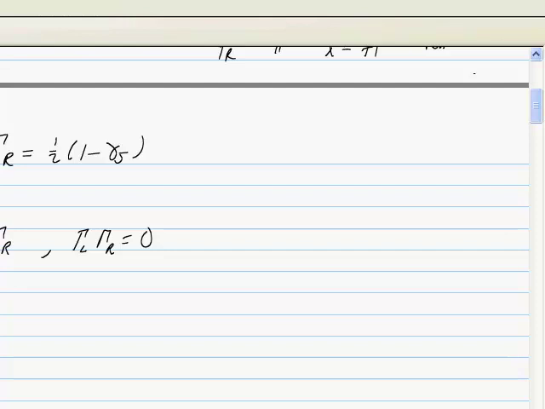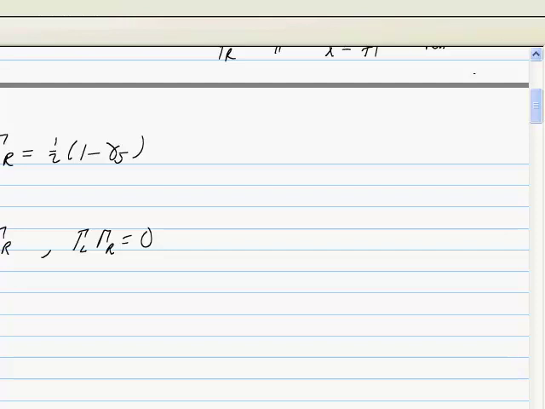Okay, I don't know how much to work that out. It's not that hard to work out. If you do gamma left squared, it's 1/4 (1 squared plus gamma 5 squared, which is 1), and the cross term is 2 gamma 5. So it turns back into gamma left. Okay.